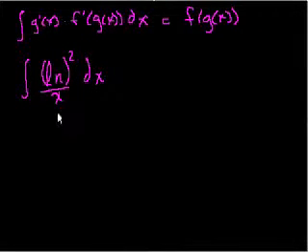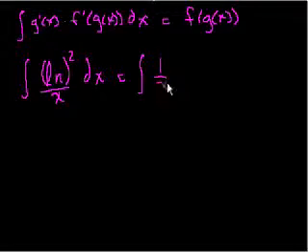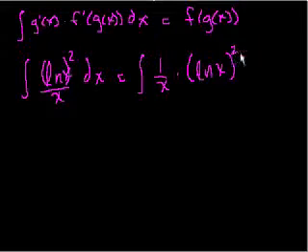But all you have to recognize is this is the reverse chain rule. Why is this the reverse chain rule? Well, this is the same thing as the integral of 1 over x times the natural log of x, squared, dx. These are the same thing. I just took the 1 over x out. Now this might look a little familiar.